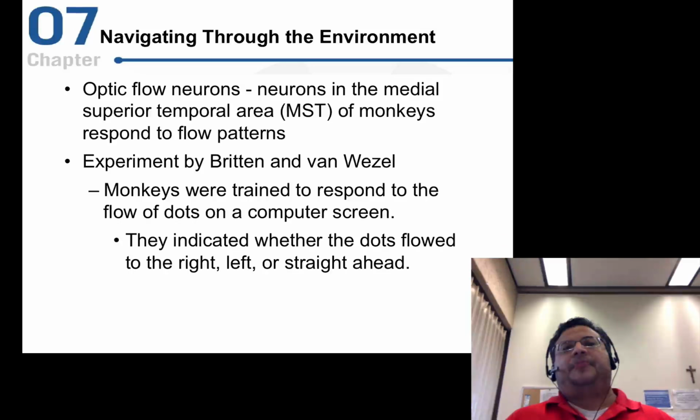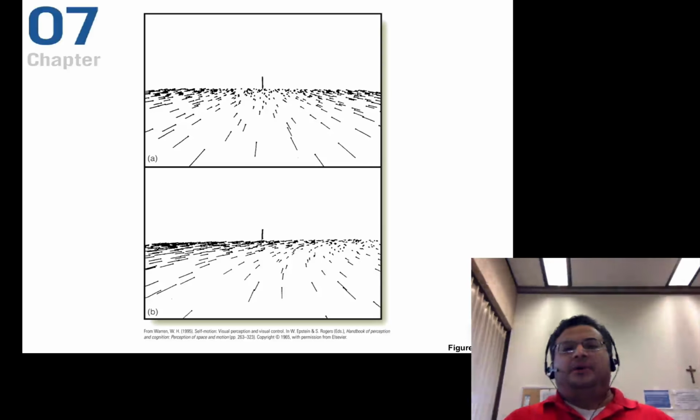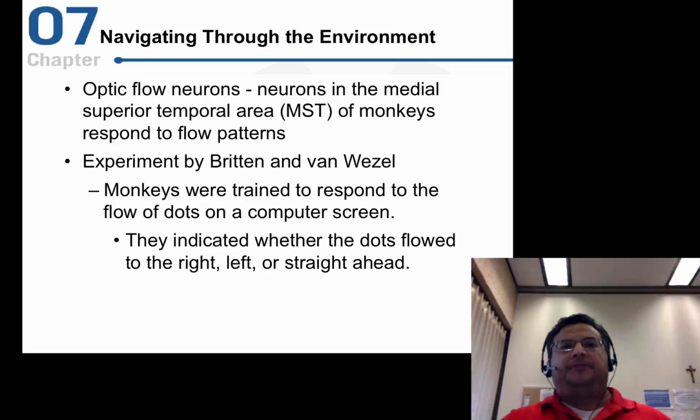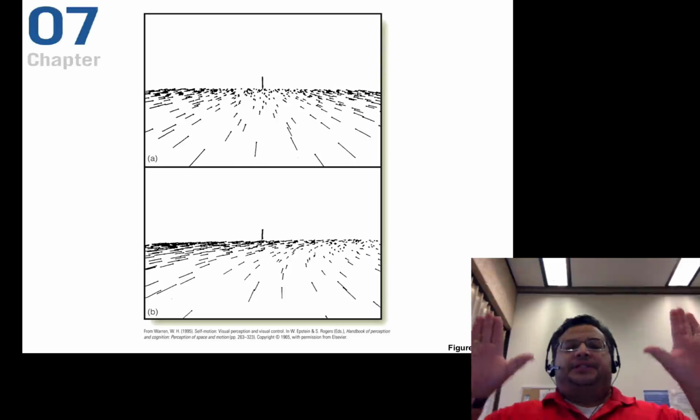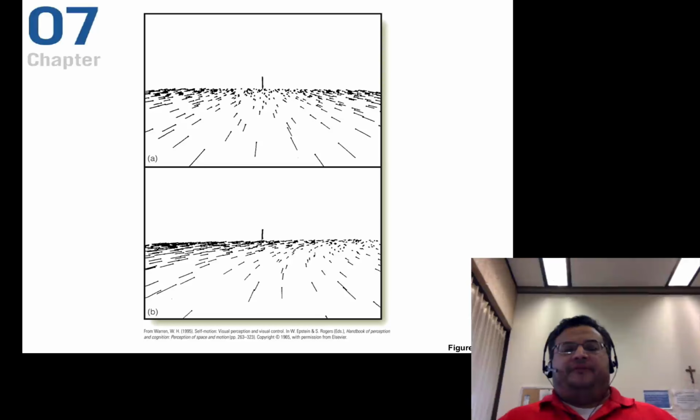For example, in an experiment done by Hubel and Wiesel, they monitored the activity of neurons in the MST, the medial superior temporal area, and then placed monkeys in this apparatus where they could see on a video screen this flow pattern.